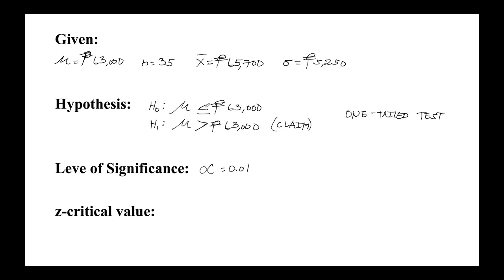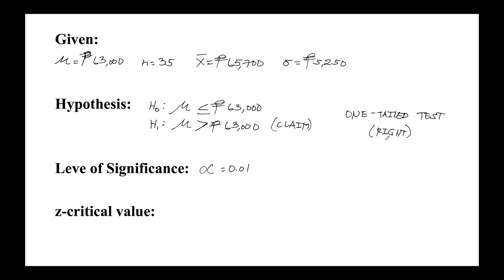It says here less than or equal, greater than, there's a direction. That's why this is a one-tailed test, and the direction is going to the right. You will base your direction doon sa claim. And since our claim is the alternative hypothesis, greater than 63,000, nasa right-tailed test ito. One-tailed test and this is actually right-tailed test.